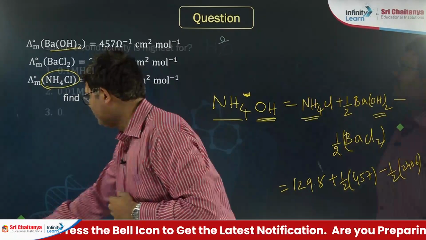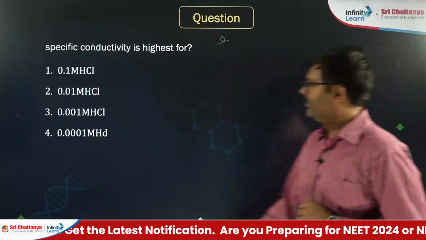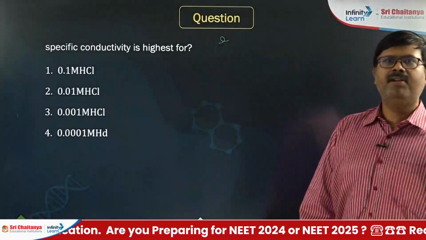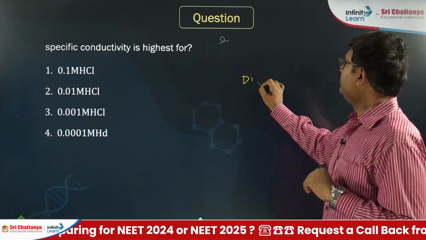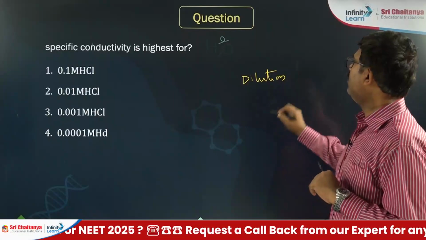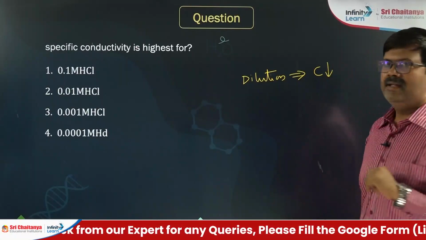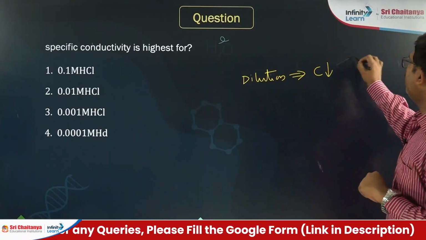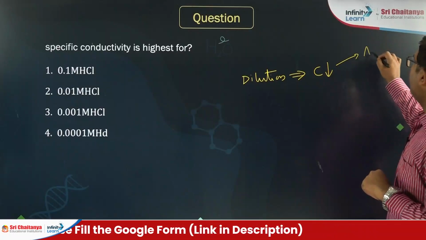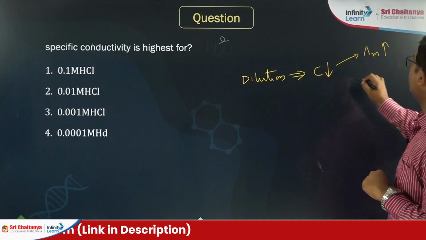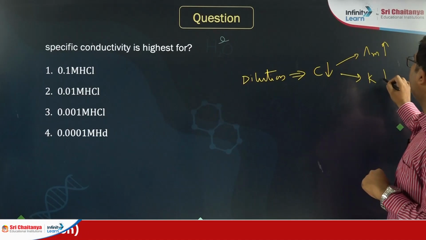Let's see the next question. Specific conductivity is highest for. See, in the beginning slides only we have seen, when you dilute, on dilution what happens? Concentration or molarity decreases. When concentration decreases, we have seen lambda m increases whereas K decreases.